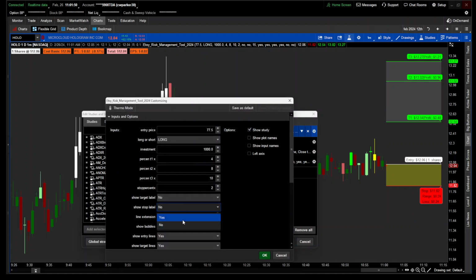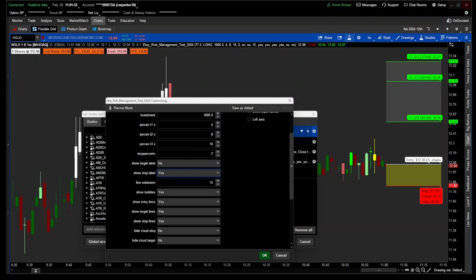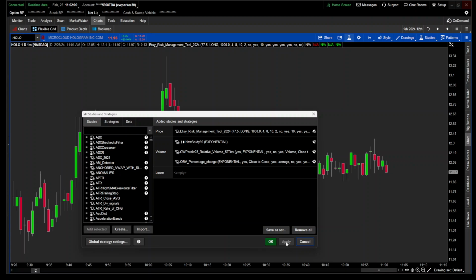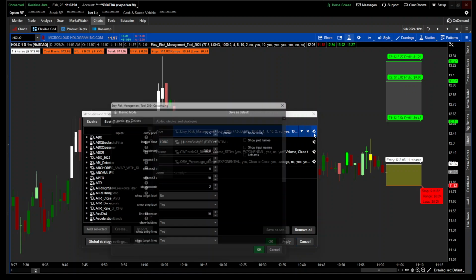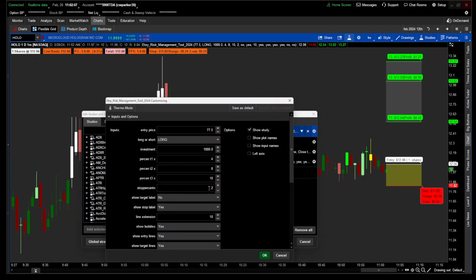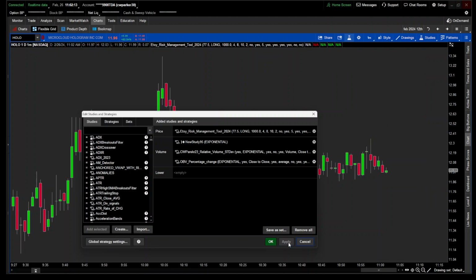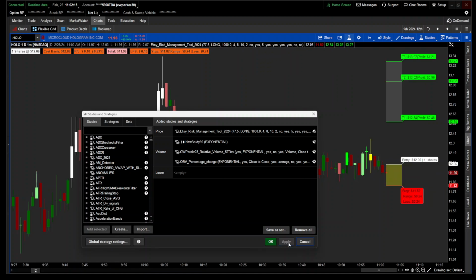And I'm going to put my stop back on, and you can extend this line or you can decrease this line. One of the reasons why I made that is because the bubbles follow the line, and if the bubbles are in the way, you can actually extend the line further out away from price. Excuse me. If I decrease that line to 5, the bubbles should be covering price.